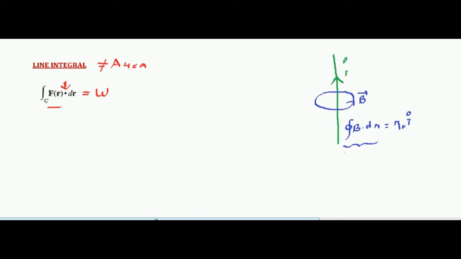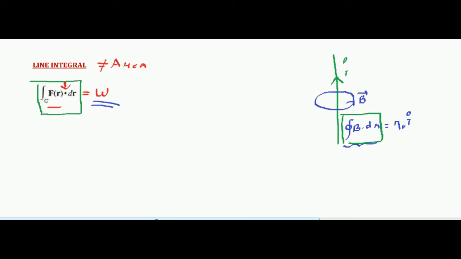Now, line integral with forces gives work done. But when I say line integral of magnetic field with dr, we do not have any precise term for this integration B dot dr. Like we have a precise term for integration F dot dr that we call work done, we don't have any precise term for this part.